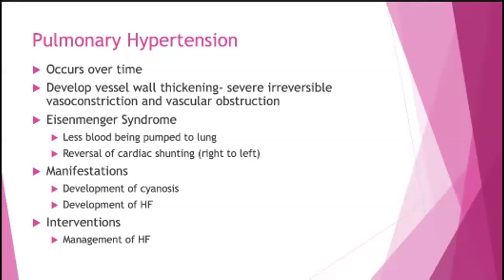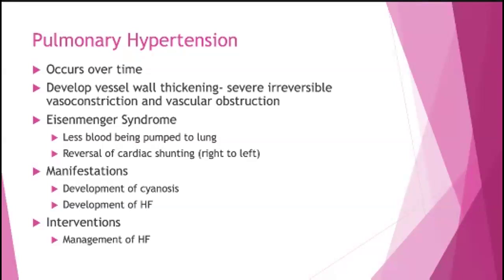The oxygen helps but does not fully normalize saturations. We can do inhaled nitric oxide, which is an effective vasodilator, especially in persistent pulmonary hypertension of newborns. Lifestyle considerations include avoiding strenuous activity and high altitudes, as these will worsen hypoxemia.